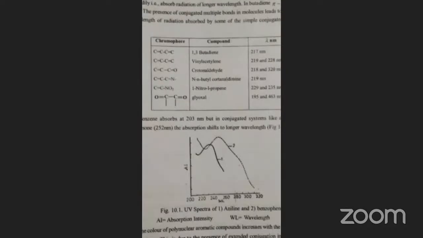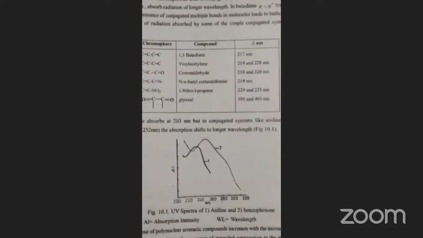Then next, we can take some conjugated systems. In these conjugated systems, what are the lambda values? Look at this. This is 1,3-butadiene. The 1,3-butadiene absorbs radiation at 270 nanometers, and vinyl acetylene absorbs radiation at 219 to 228 nanometers.